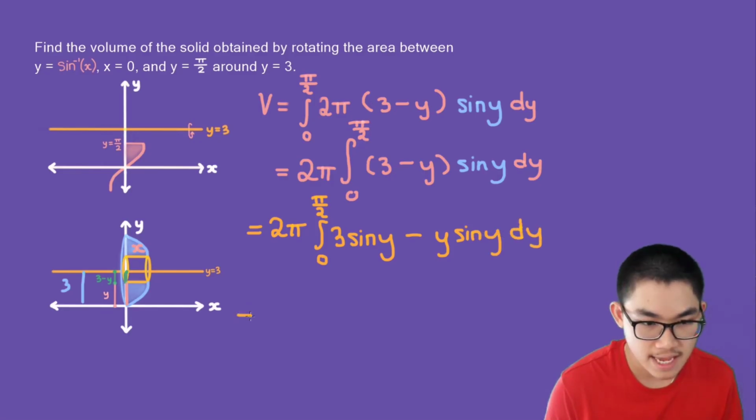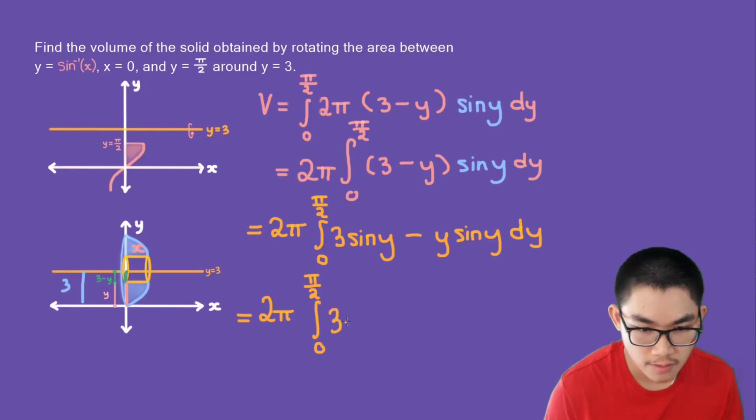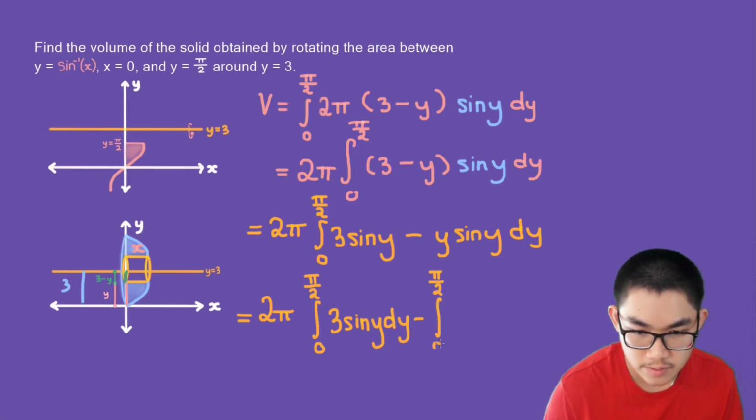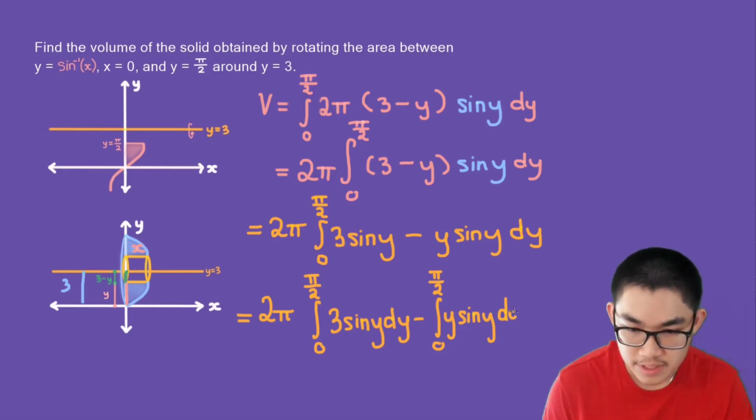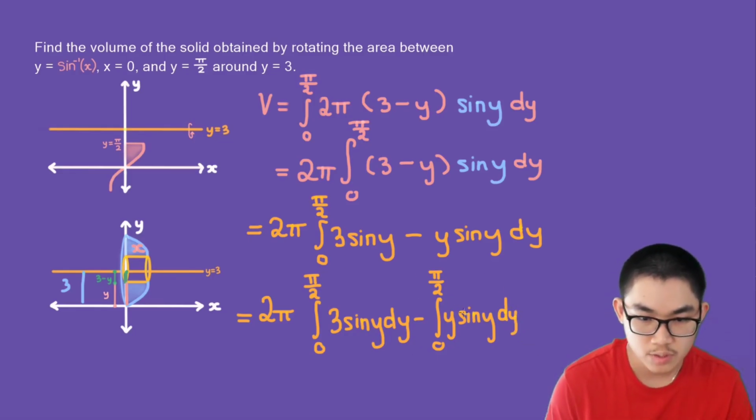This is the same as 2 times pi times the integral from 0 to pi over 2 of 3 times sine of y dy, minus the integral from 0 to pi over 2 of y sine of y dy. So all I'm doing here is just separating these two terms into two different integrals.